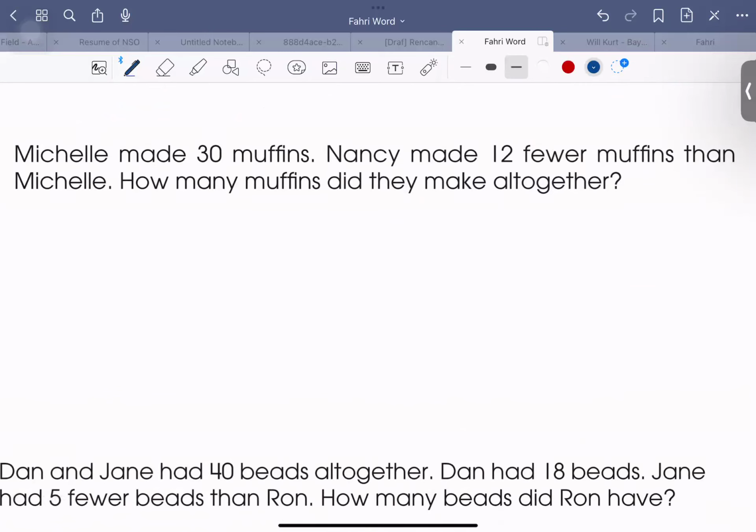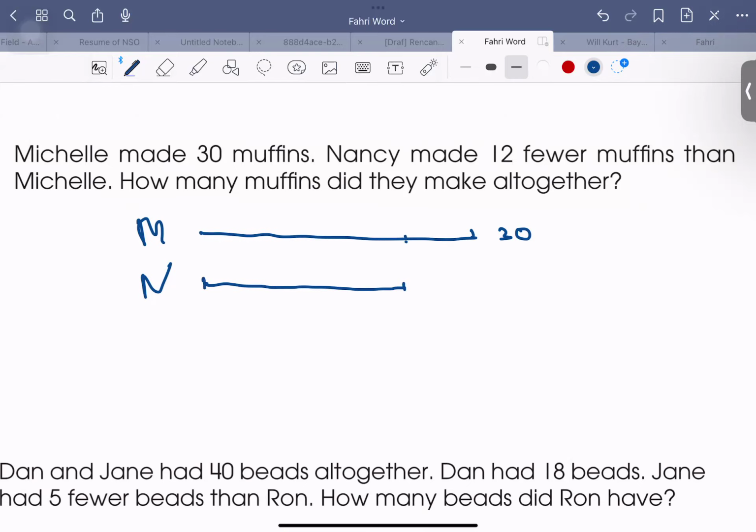Next question. Michelle made 30 muffins. Nancy made 12 fewer muffins than Michelle. What does it mean? Nancy has fewer muffins, which means it's smaller than 30, right?